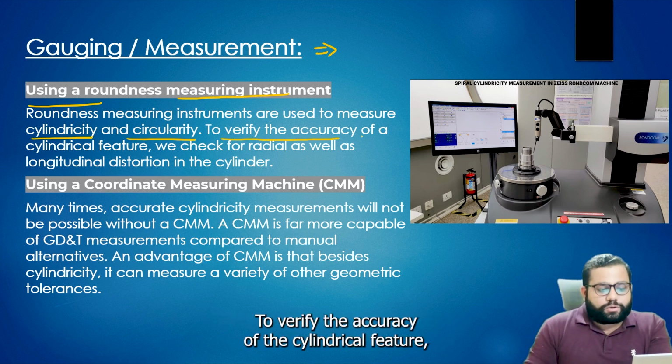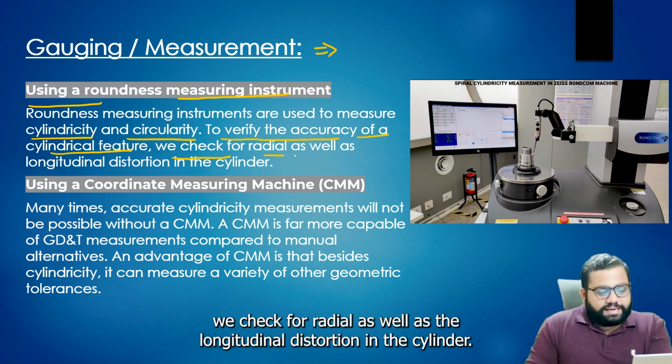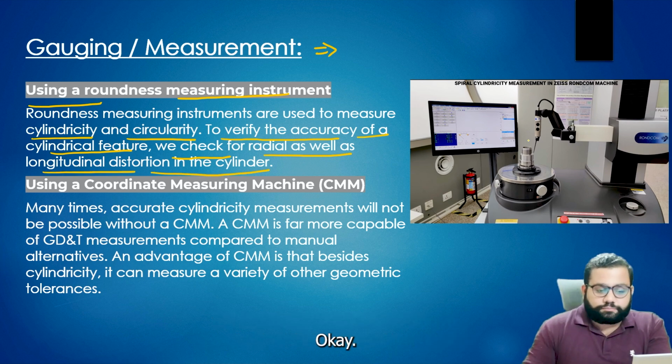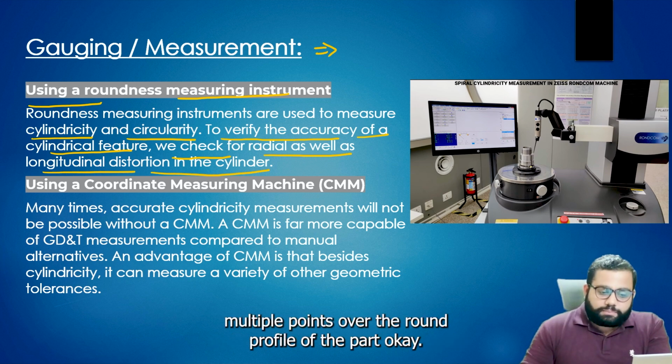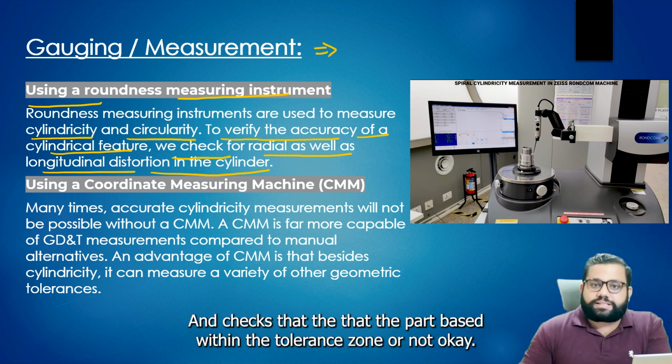To verify the accuracy of the cylindrical feature, we check for radial as well as longitudinal distortion in the cylinder. The probe checks multiple points over the round profile of the part and checks whether the part is within the tolerance zone or not.